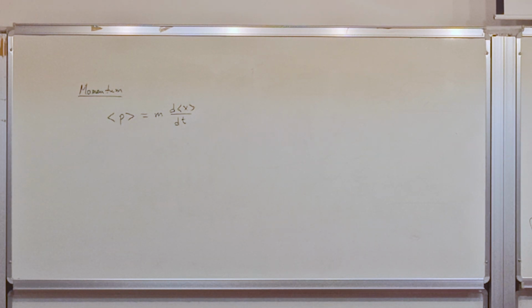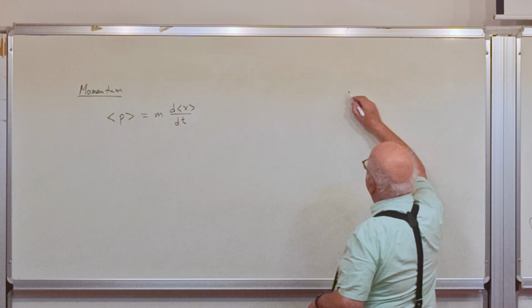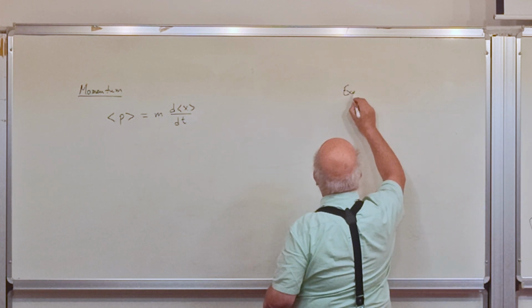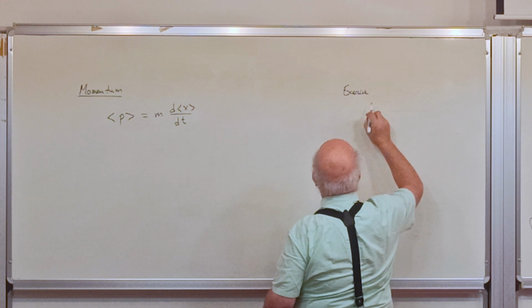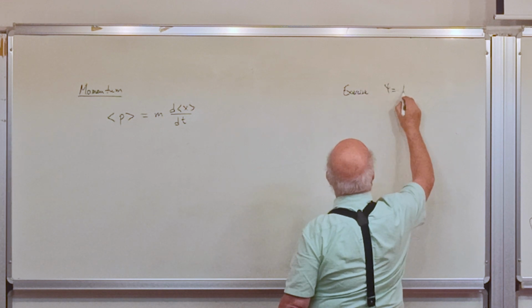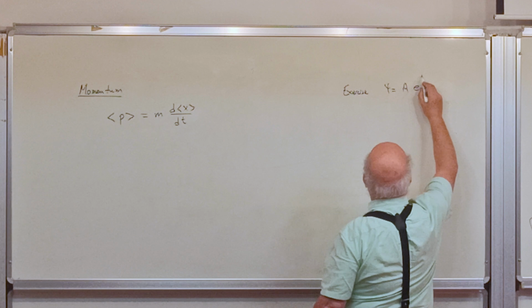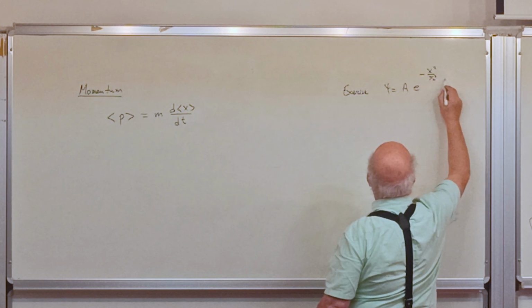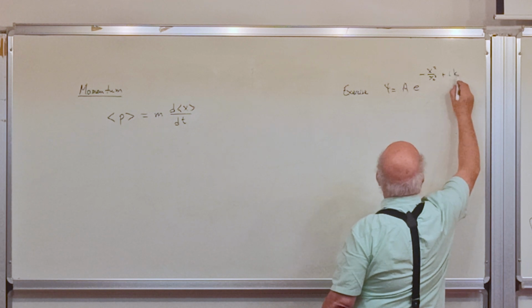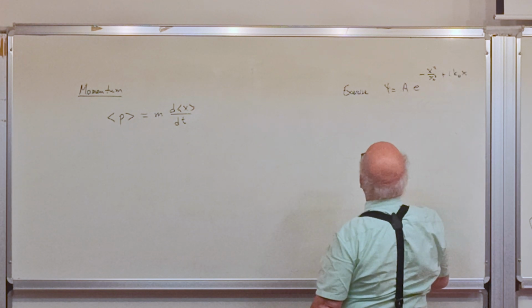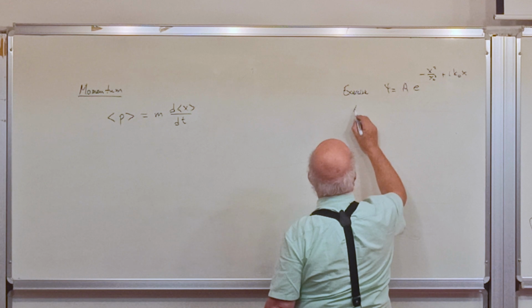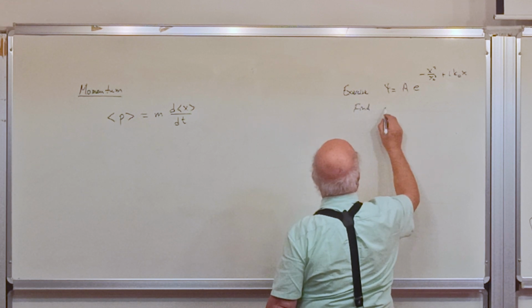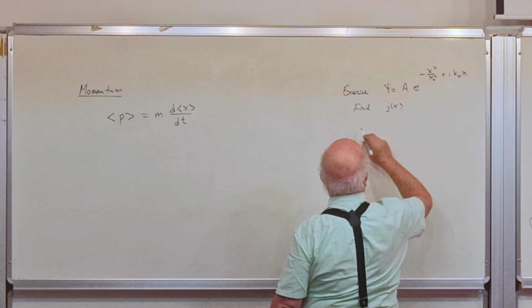Okay, so in fact, let me just leave this as an exercise to you. If I have psi equal to this, our favorite wave function, a Gaussian in x over x0 squared plus i k0 x, just find what j of x is.